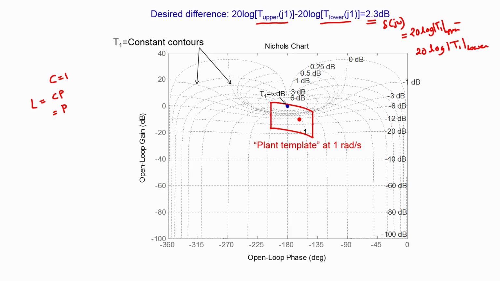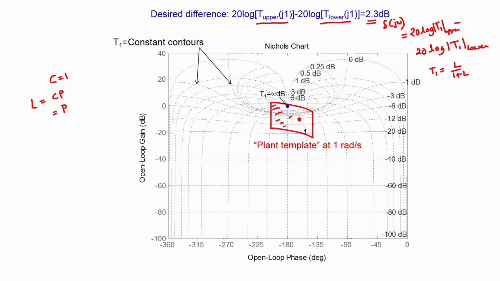Now since we know that our loop gain lies inside this particular area, we can compute T1 at each of these locations because we have the equation T1 is equal to the loop gain L by 1 plus L. So at each of the locations we can compute T1 and hence determine the maximum magnitude of T1 and the minimum magnitude of T1 if the loop gain L lies within this area.